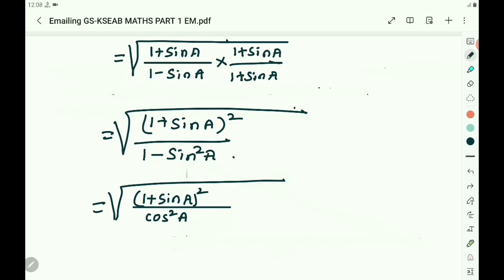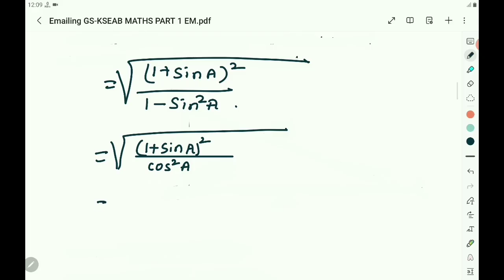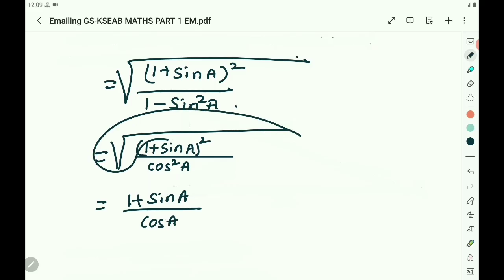So, the square root of 1 plus sin A whole square by cos square A is 1 plus sin A by cos A. Here you remove the root and square cancels. Square root of A square is A.